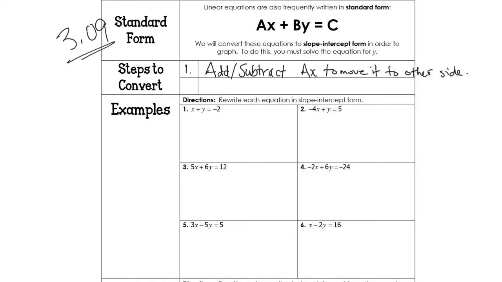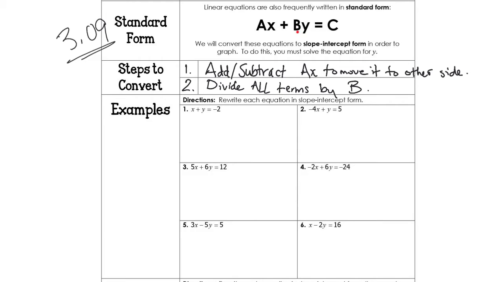Step one, add or subtract ax to move it to the other side. So what we need to do is look at this ax term, do the inverse operation, either adding or subtracting, so it moves over here. Then is step two, which is divide all the terms by b.